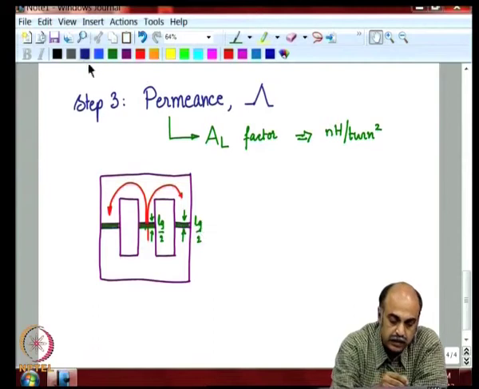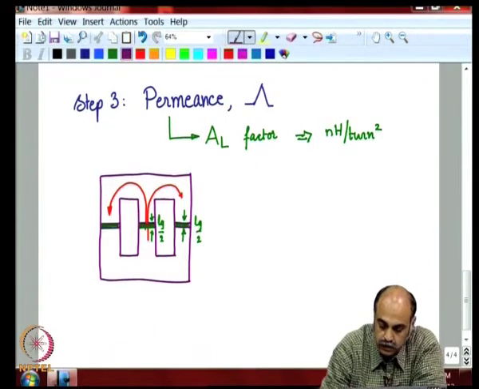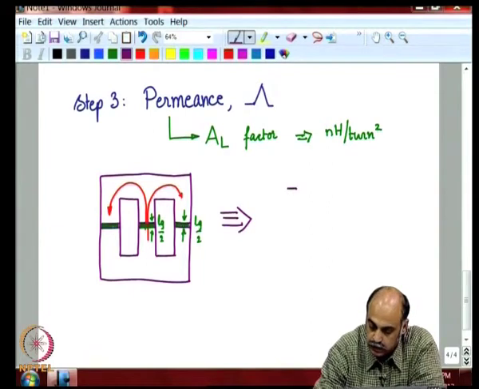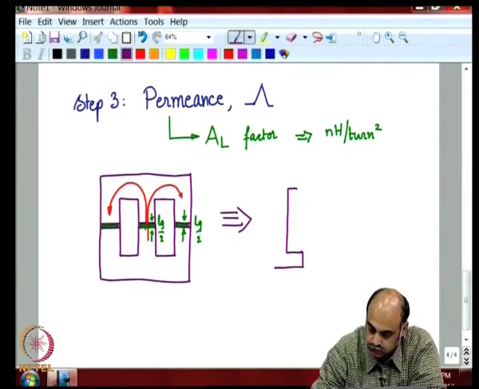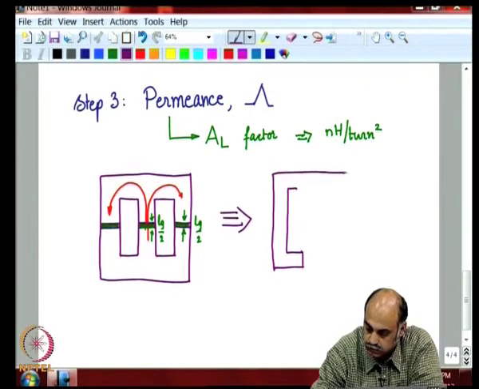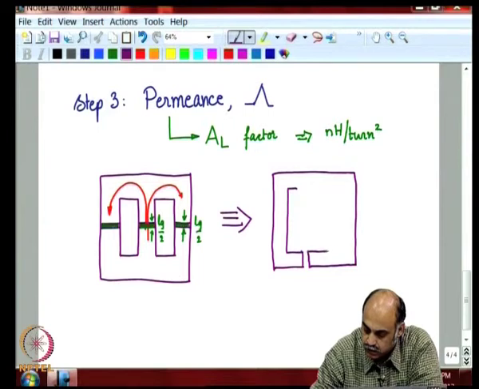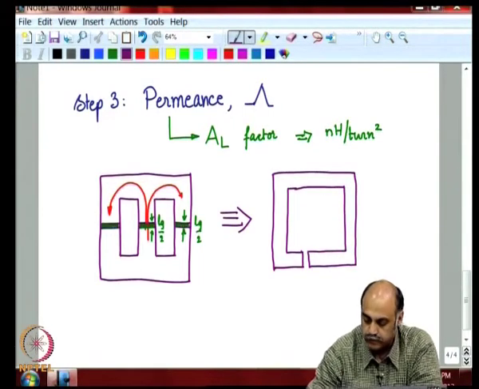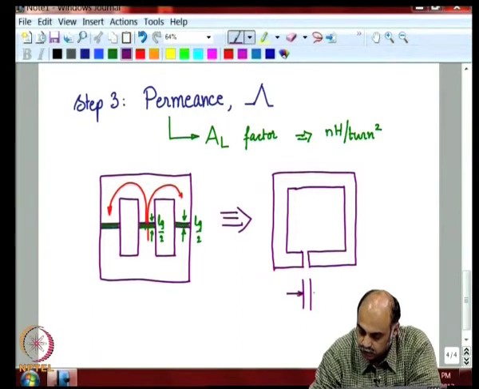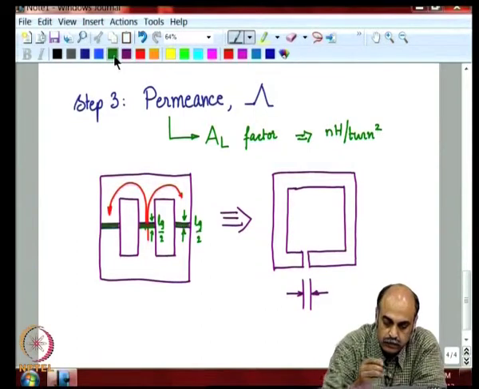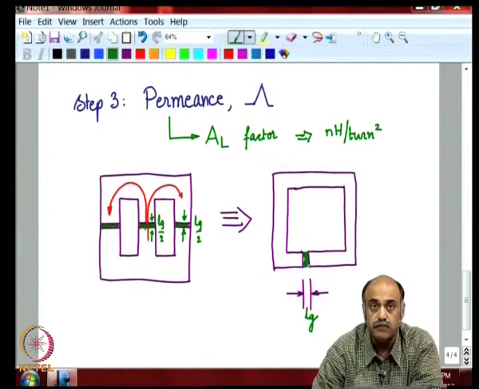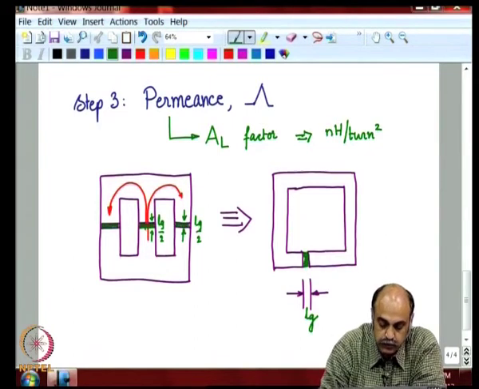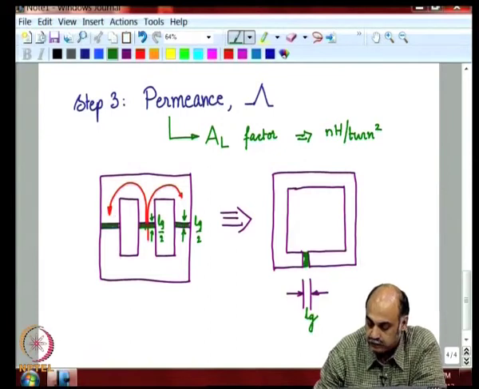And therefore, equivalently you could say that the core is something like this, where this gap is Lg, equivalently Lg, that is this Lg by 2 and this Lg by 2 together add up to Lg.